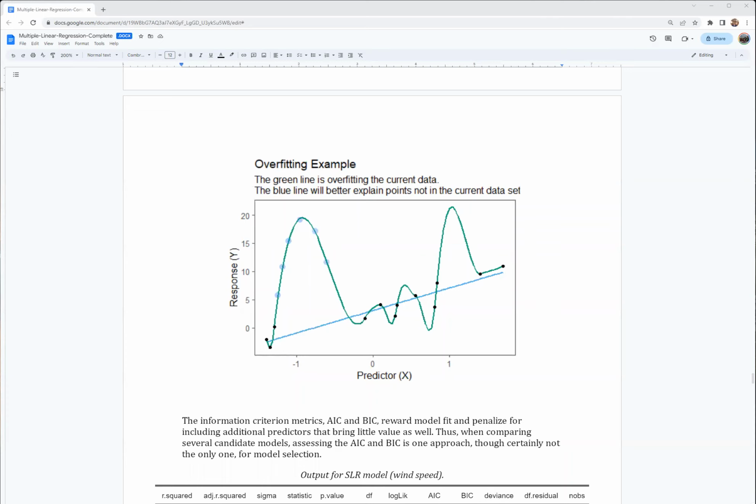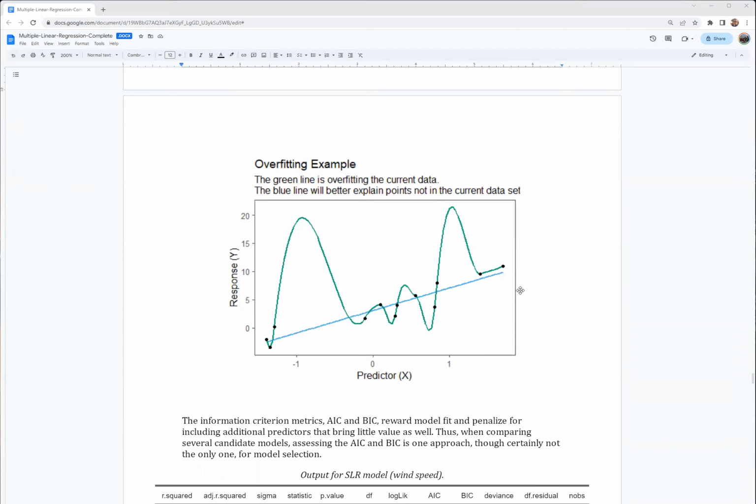Looking at what was going on, it seems like if you got a new data point, it'd probably be something like that, right? And in that case, the errors for the new points would be really high for the green line, but the blue line's doing really well, because the blue line's doing a good job of not overfitting.